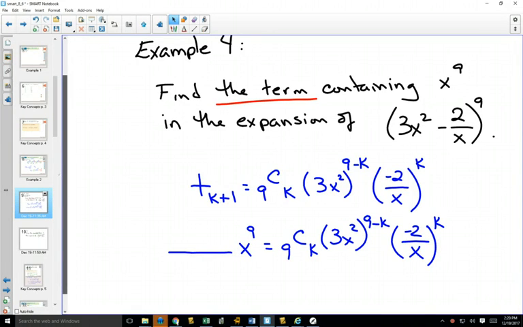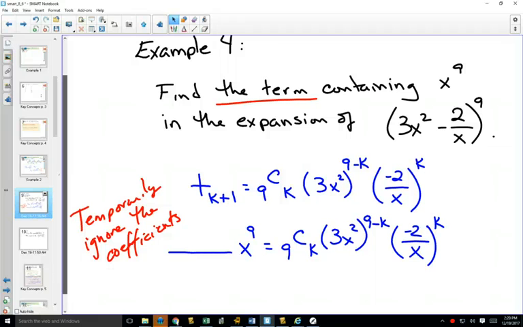Now what we're going to do next is temporarily ignore the coefficients. So I'm going to ignore that because I don't even know what number that is.